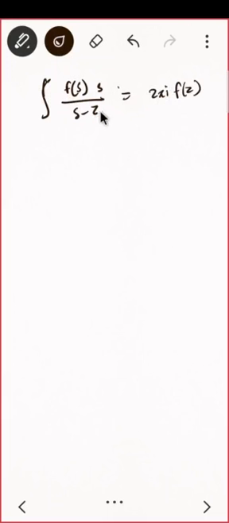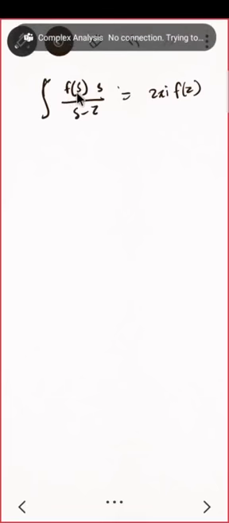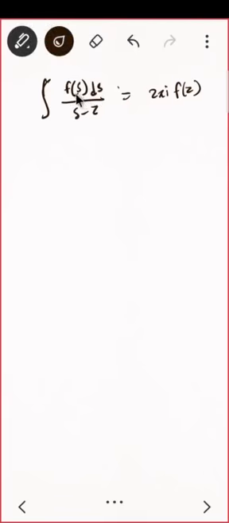So far here we used to write it as f of z dz, but now I am writing like this, f of s ds. So you must understand that here z is your interior point. Correct? So this is what you are having. Now look at the factor, that is 1 upon s minus z.